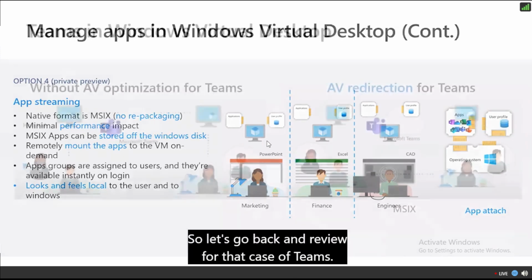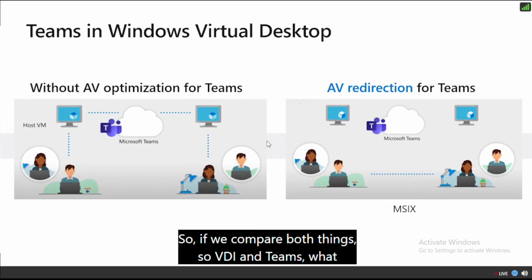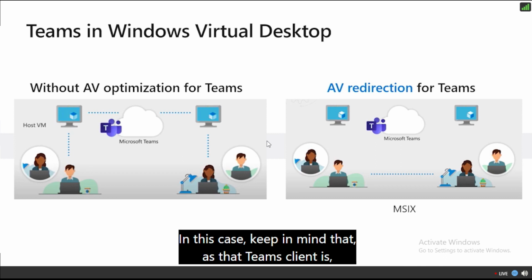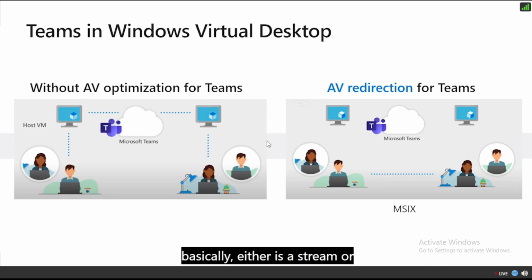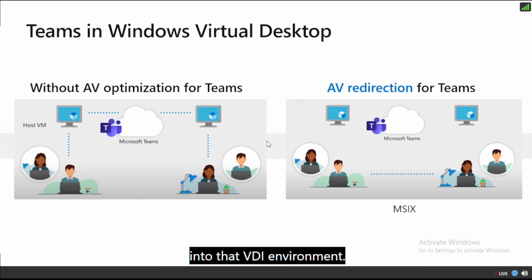So let's go back and review the case of Teams. If we compare both, VDI and Teams, what would be the base approach? Keep in mind that the Teams client is either streamed, locally installed, or grabbed from a list of applications in that VDI environment.